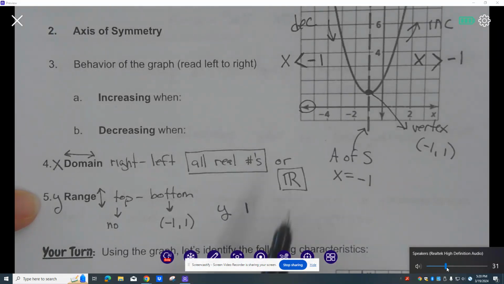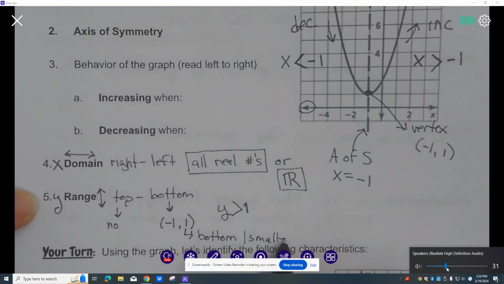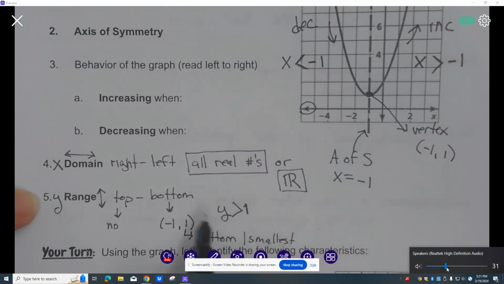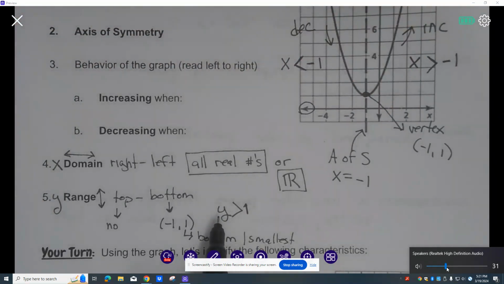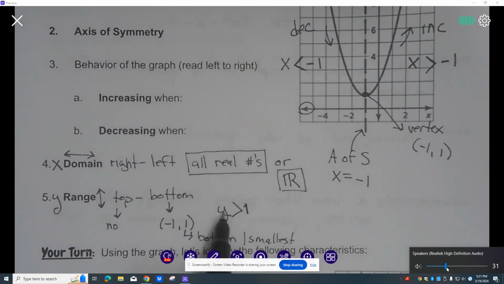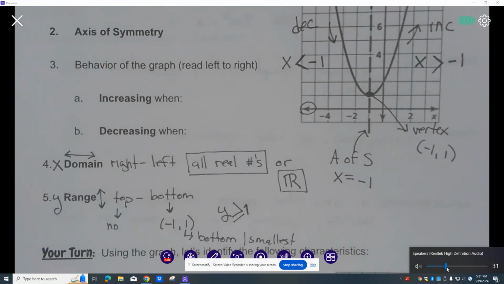So I want to put my inequality, the little tiny point, pointing towards the 1, because this 1 is the bottom, or you could think the smallest. The rest of the y values are above the vertex. So those would be greater than. We also want to put our equal to line under there because y equals 1 is part of the range. So the range is every y value greater than or equal to 1.